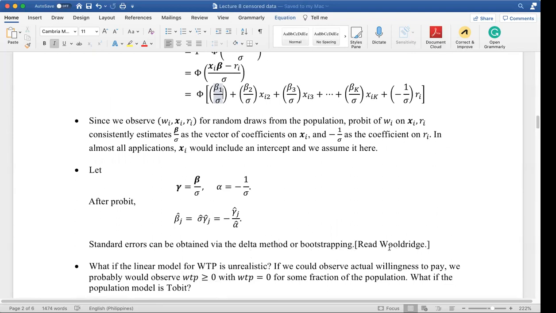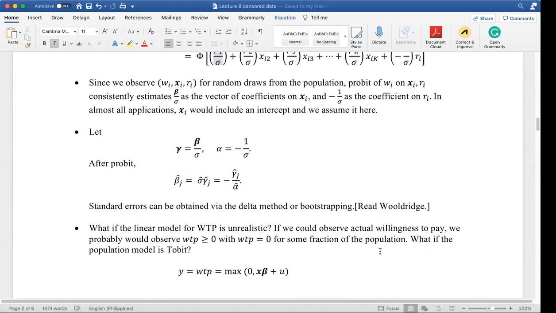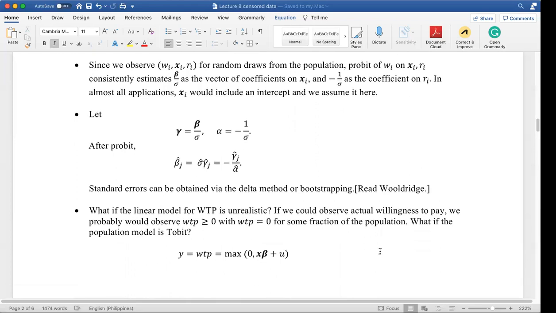Just read up on this in Wooldridge's book, just look at the sections. You do not have to memorize how it's done. You just need to have a feel of how they do the delta method and the bootstrapping. These are just iterative methods when you do not have an explicit formula for the variances.